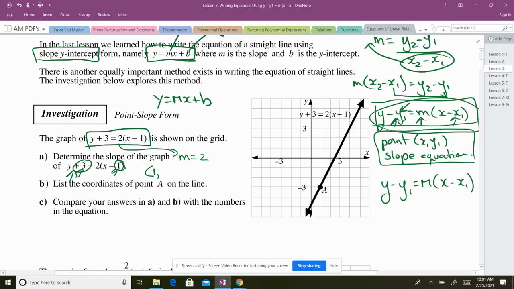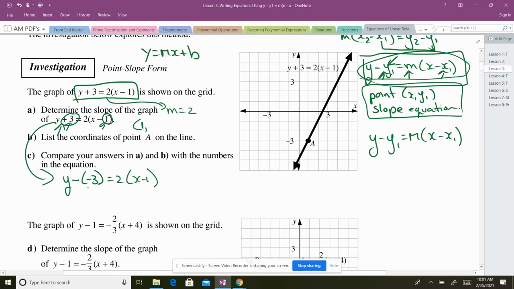Y plus. So it's a hidden minus; it's the same as writing y minus -3. What do two negatives make? A positive, right? So this now matches my formula, which is y minus y1 equals m times (x minus x1).